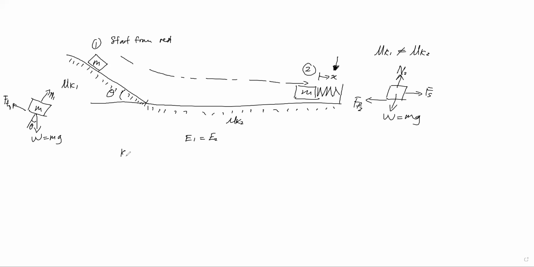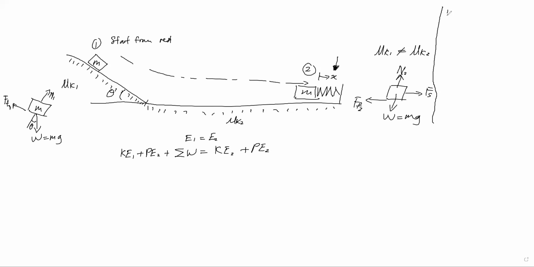What we have is the kinetic energy at point 1 plus the potential energy at point 1 plus any other losses, then equal to kinetic energy at point 2 plus potential energy at point 2. This is what we have so far. Let's look one by one.